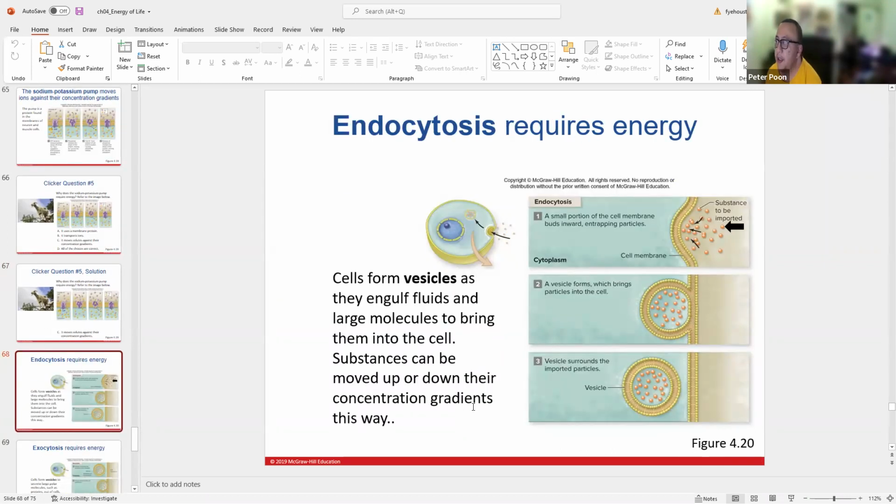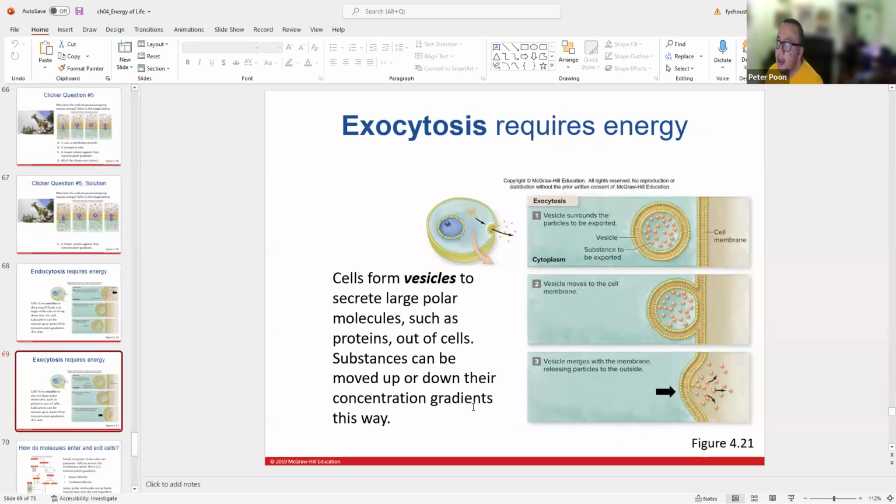Okay, endocytosis. Endocytosis is where I move bigger chunks of things. Instead of just smaller things that pass through the membrane, I move big, huge molecules that cannot cross the membrane. So think insulin or even bacteria. You can bring them inside by using endocytosis. Okay, exocytosis, same thing, but opposite.